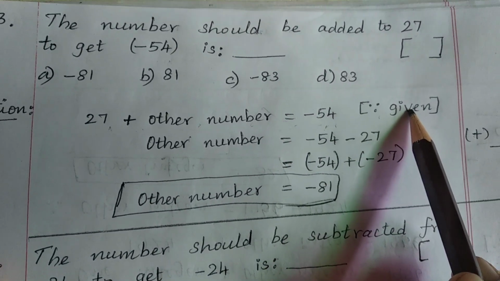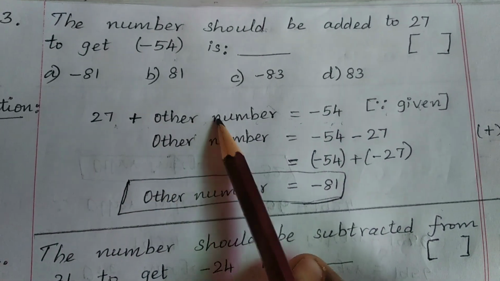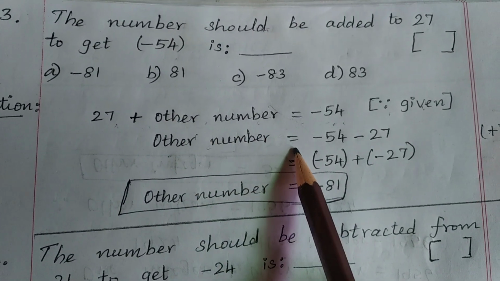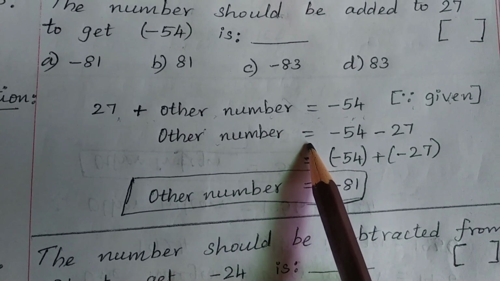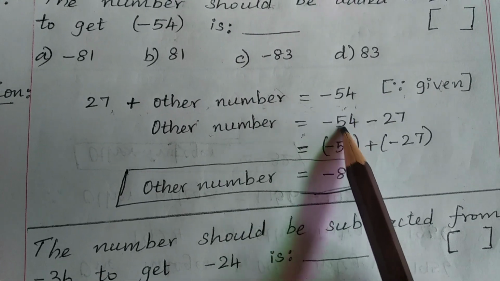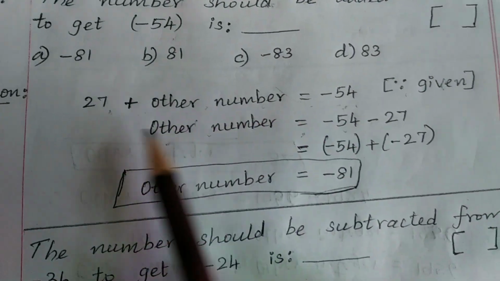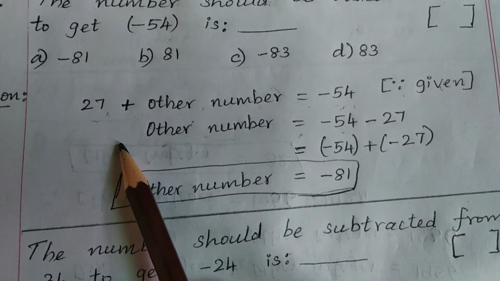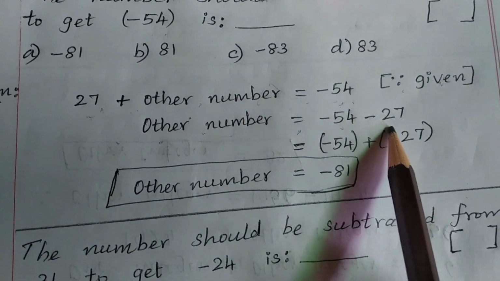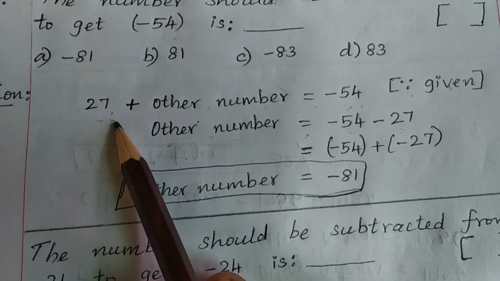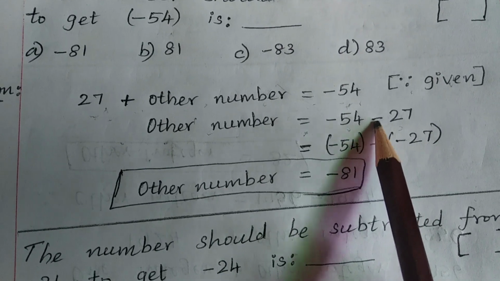because it is given in the question. So other number is equal to, as we saw earlier, minus 54 is there and we are transposing 27 from the left hand side to the right hand side of the equal to sign. So plus 27 gets a negative sign.